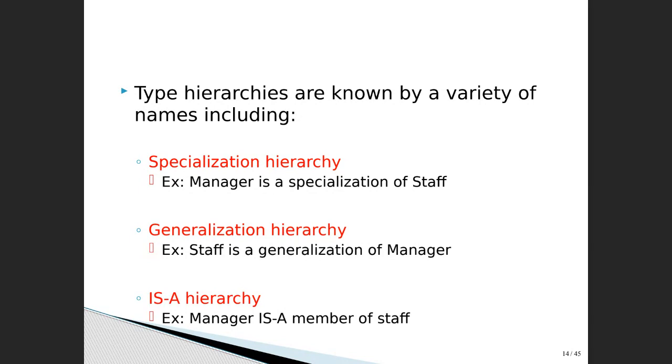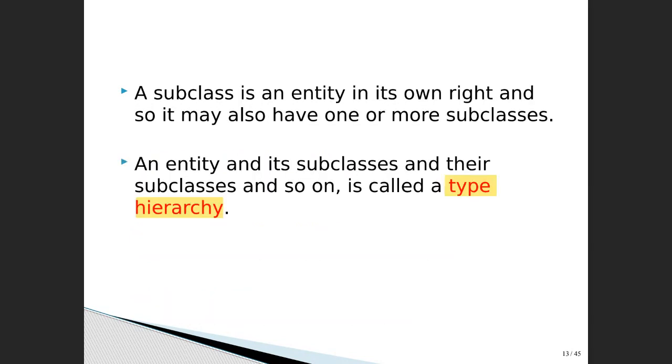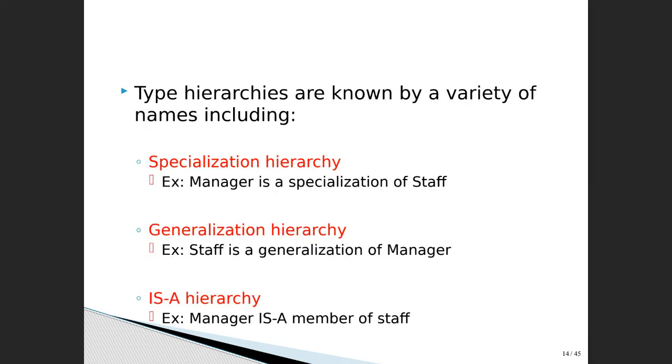Now there are types of hierarchies. We have different types of hierarchies. We have specialization hierarchy. Specialization means, for example, manager, as you mentioned, manager is a specialization of staff.